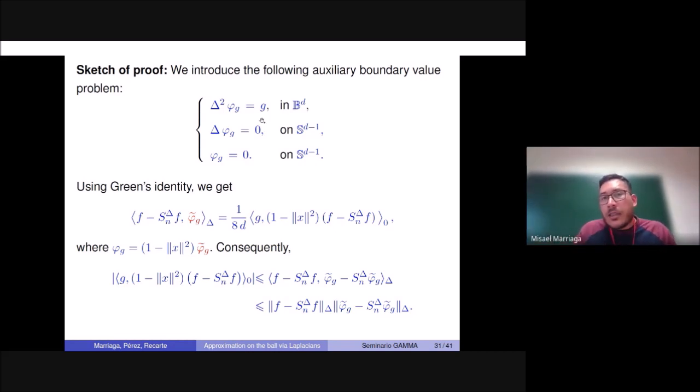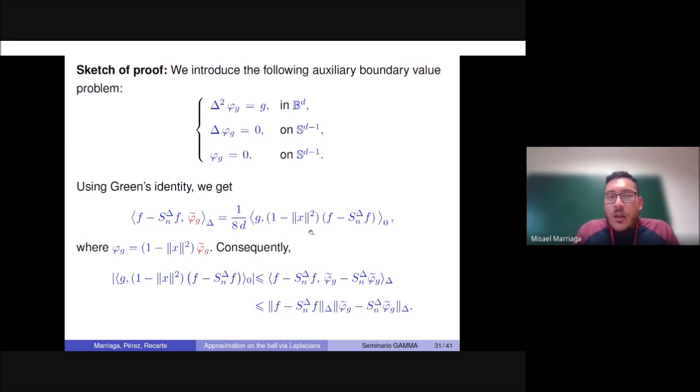I collect everything that is defined on the sphere in the boundary conditions, and the part that is defined on the ball, I collect over here. Since I'm using the solution of this boundary problem, this Sobolev inner product becomes this classical inner product, where now I have the G and I have this error multiplied by this factor over here.